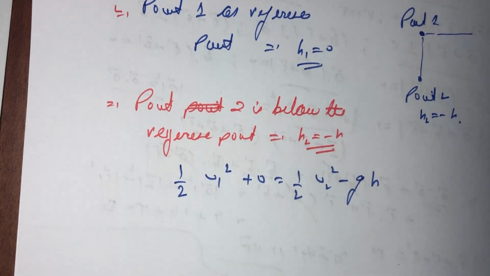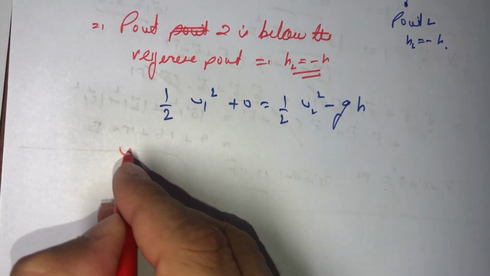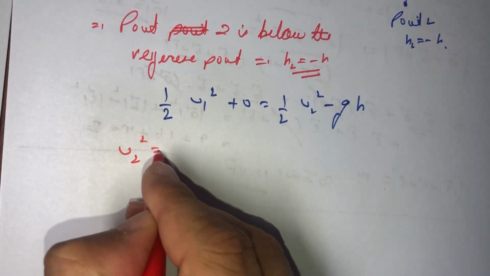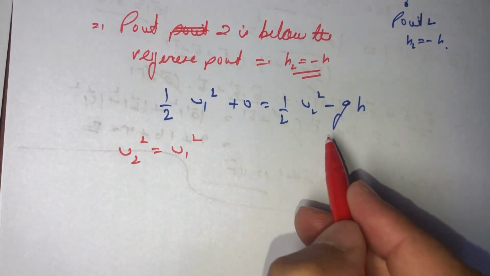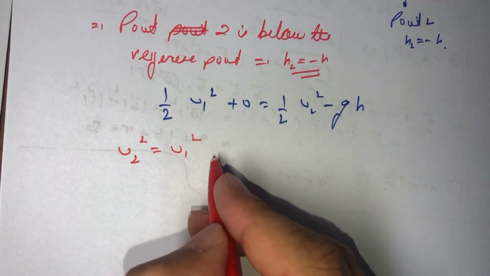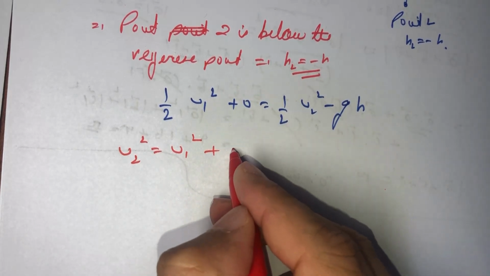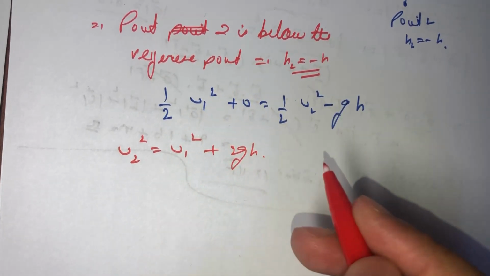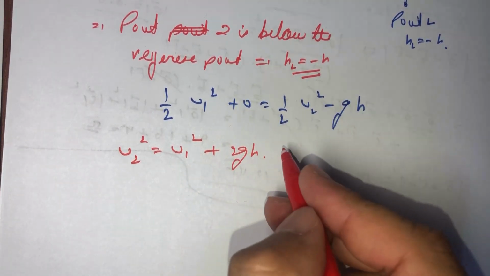So we can further modify this equation, and it can be written as V2 square is equal to V1 square plus 2gH, and V1 is already given to us.